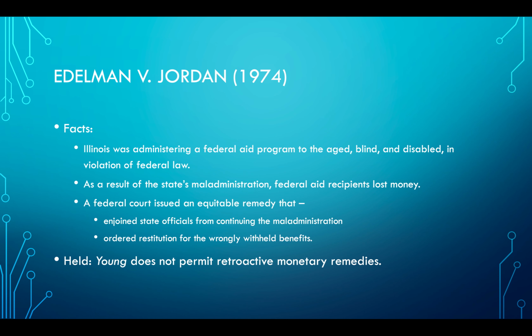So if you think back to Chisholm versus Georgia, the 11th Amendment, one of the things that was really objected to with respect to that 1793 decision was that the states would be liable for monetary damages against their will. And one important aspect of sovereignty that the court has constantly talked about is this ability for states to be able to manage their finances without outside interference from the federal government. And we can see that idea coming up in the spending clause decisions that we just looked at, right?